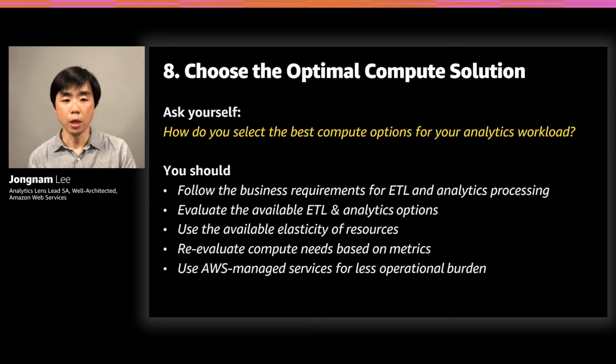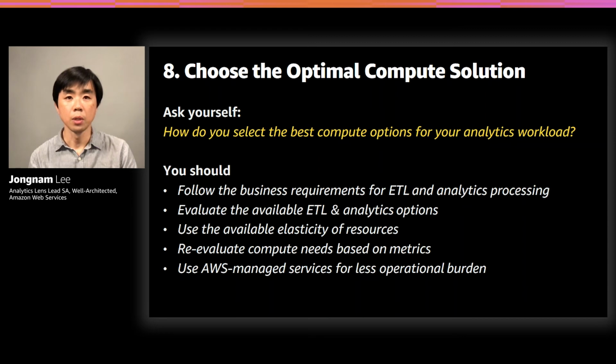Then evaluate the available ETL and analytics options. Use the available elasticity of the resources, such as EMR auto-scaling. Reevaluate compute needs based on metrics. You don't need to stick to the static configuration all the time because AWS gives you the flexibility. You can change your compute options anytime.